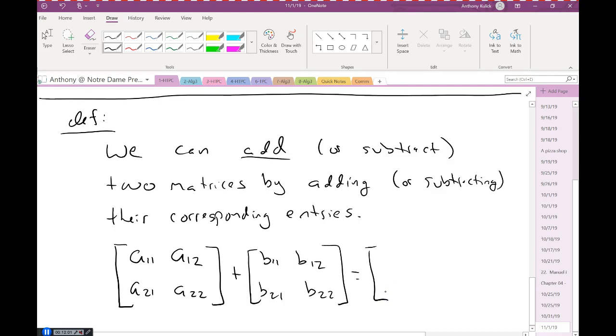So we have a matrix A and a matrix B, and I've just written a 2 by 2 matrix, but this extends to really matrices of any dimension. If I add these together, I'm just going to add the first entries together, and then the second entries will get added together, and then the third entries would be added together, and the last entries would be added together.